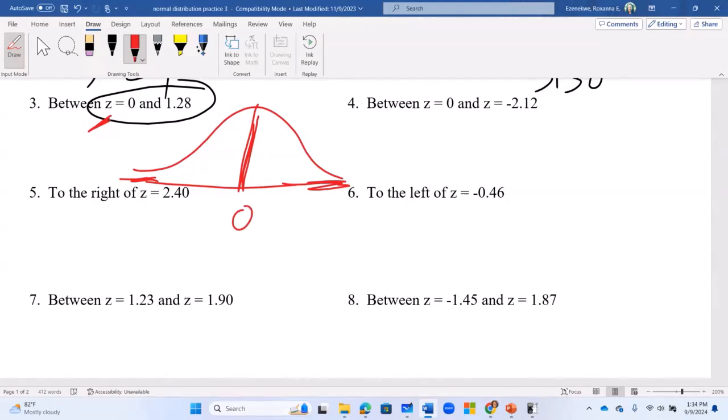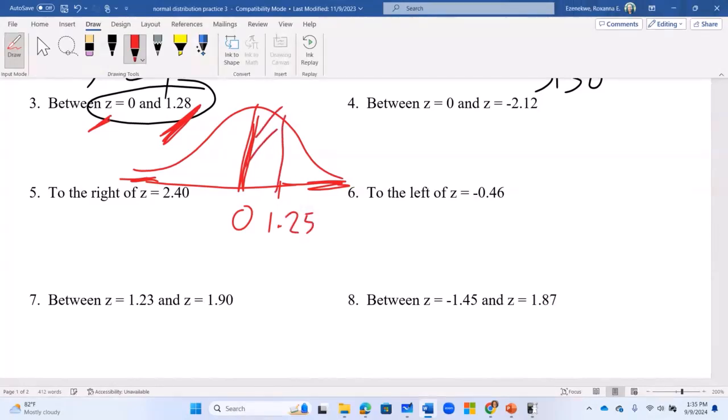Z equal to 0 means the mean. So they're asking me the area between 0 and 1.28. Note that 1.28 is positive, therefore it is on the right-hand side of the normal curve, or the mean.